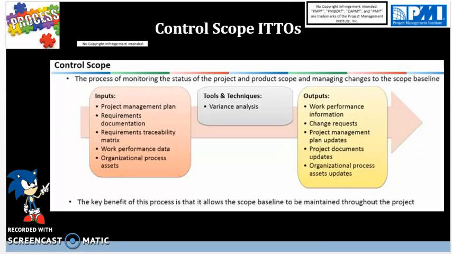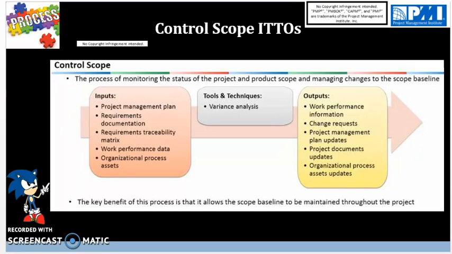In the case of approval, the change request is going to be implemented during the Direct and Manage Project Work process in execution. The deliverable will then go to control quality to be verified by the project team.